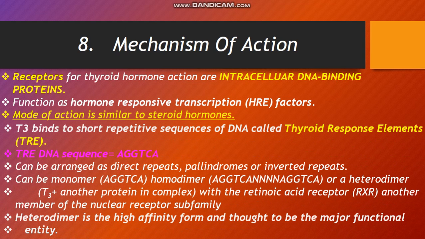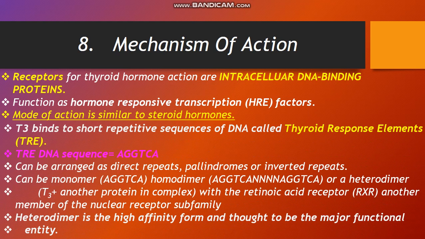TRE DNA sequence is AGGTCA, these are the codons, can be arranged as direct repeats, palindromes or inverted repeats. It can be a monomer AGGTCA, homodimer AGGTCAAN, or a heterodimer of T3 plus another protein complex with the retinoic acid receptor and other members of the nuclear receptor subfamily.